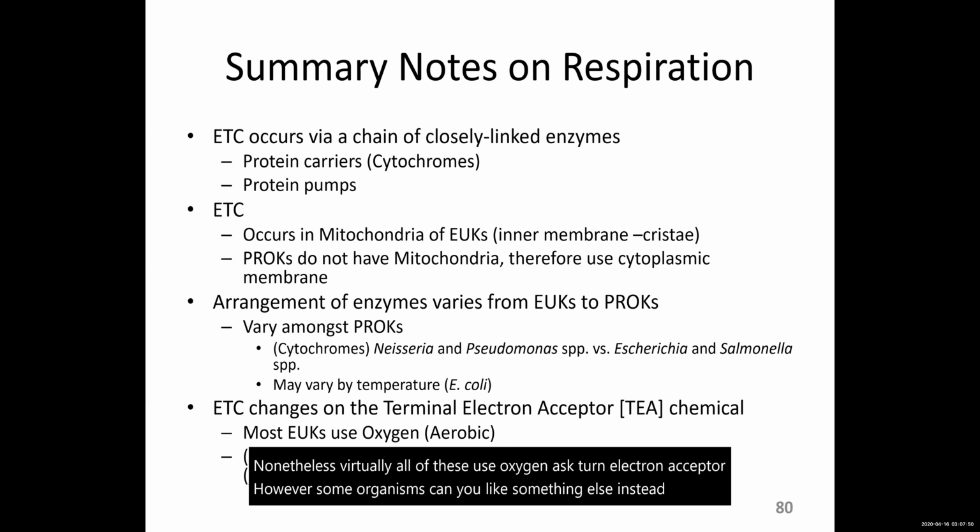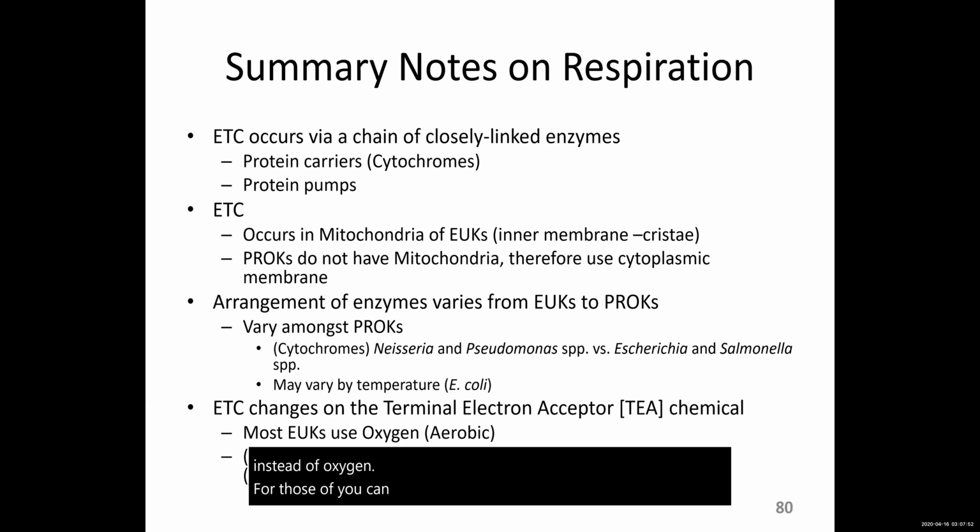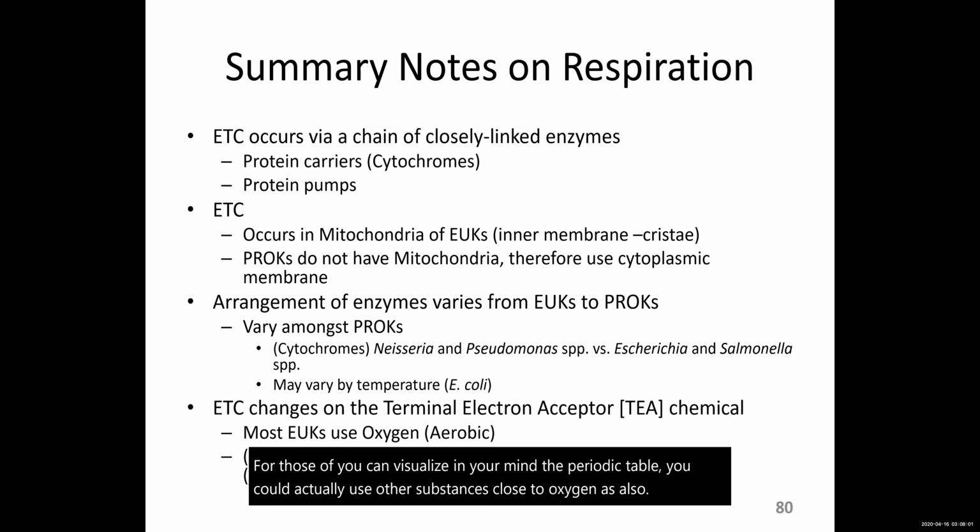And for those of you who can visualize the periodic table in your mind, you can actually use other substances close to oxygen, also electronegative elements, as terminal electron acceptors. So if you had oxygen, for example, and you create H2O out of it as a final product, if you use sulfur instead, which is also closely related to oxygen, instead of producing H2O, you produce H2S.